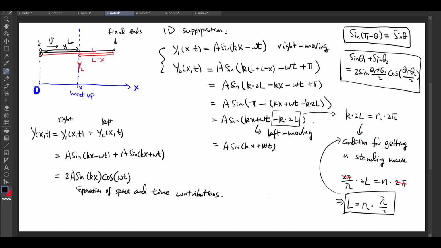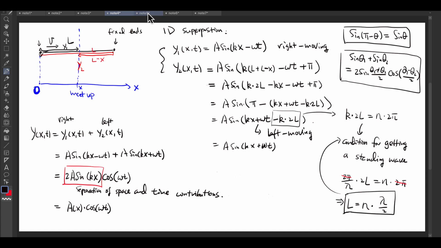And let's focus on the spatial contribution, and let's call this coefficient Ax, and then times cosine omega t. Okay, so now you can see for every point in the space, Ax will be different. They have different values depending on their x, and for some special places, Ax is maximum, meaning sine kx equals 1.